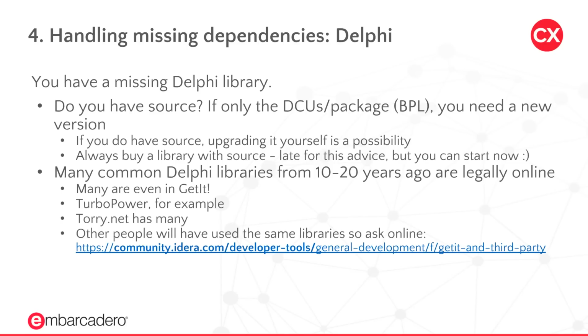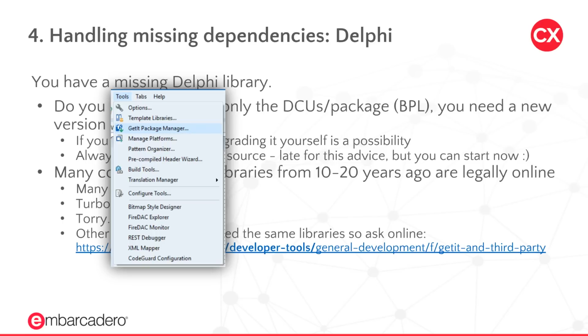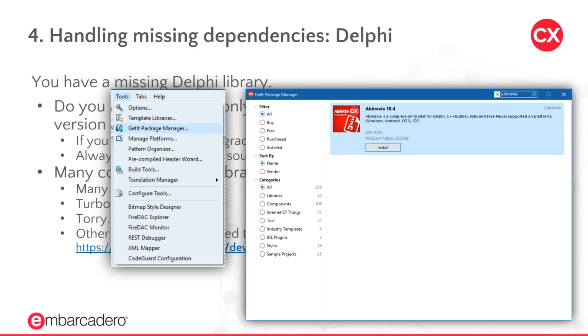Now, there may well be a new version available from the manufacturer, which is fantastic. It might have been open sourced, which is fantastic. Many common Delphi libraries from 10 to 20 years ago are legally online. Many of them are even in GetIt, our package manager, so I would recommend having a look in that. That's in the Tools menu, go to GetIt Package Manager, you can search it.